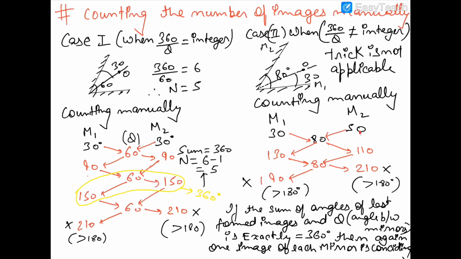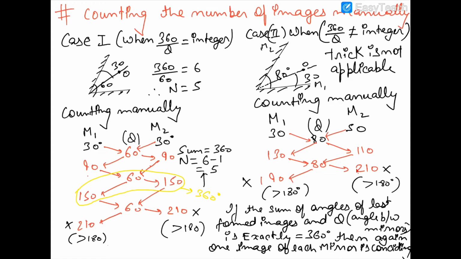So that is 50. Now as we have done earlier, we have to add the angle theta between the mirrors. So 30 plus 80 is equal to 110, and 50 plus 80 is equal to 130. Now 130 plus 80 is 210, and 110 plus 80 is 190.